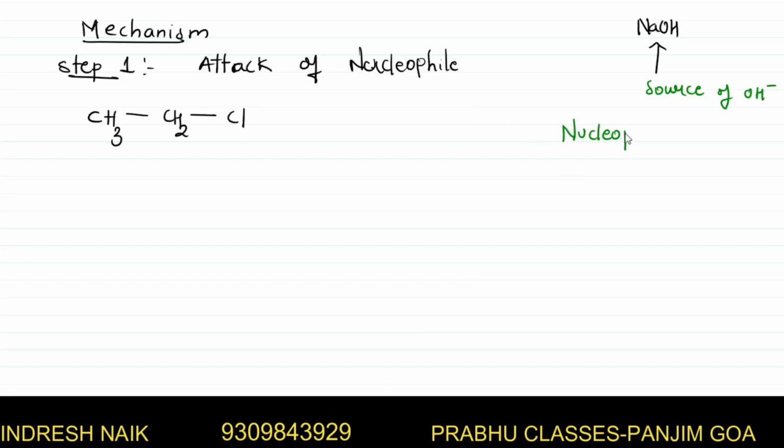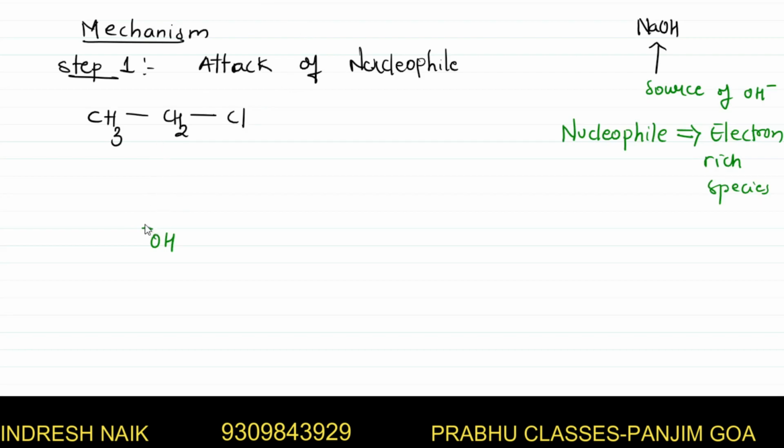Nucleophile is an electron-rich species. So, minus means electron-rich. So, this is the OH minus, right? This is OH minus.